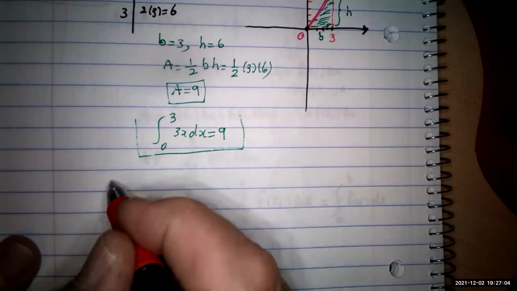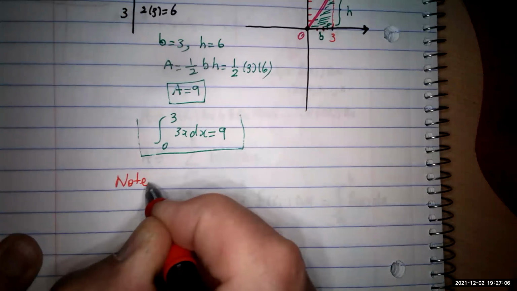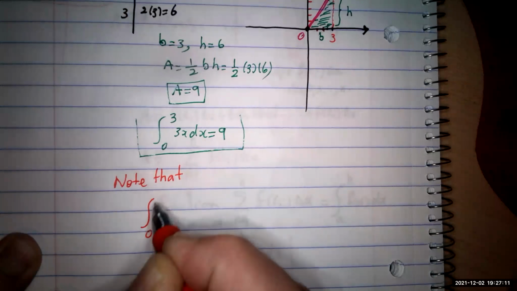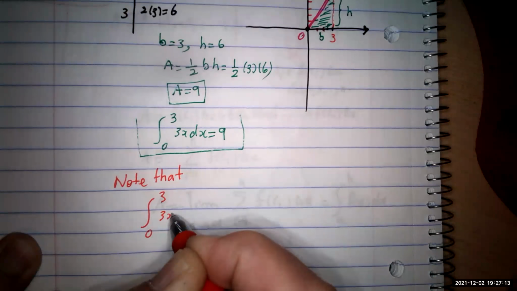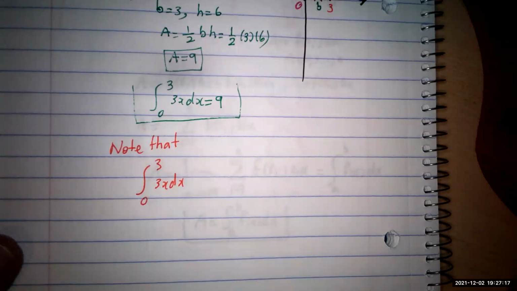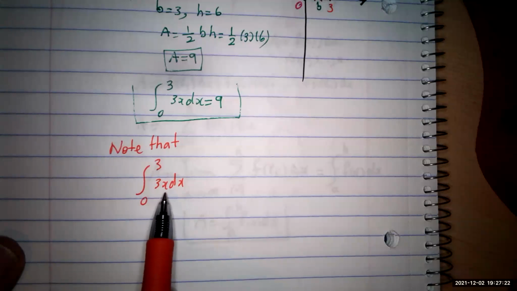Okay, look at this one. Let's find this integral. Forget about 0 to 3. How are we going to do the antiderivative that we did before? What is the integral of 3x? Any suggestion? Let's use the power rule.